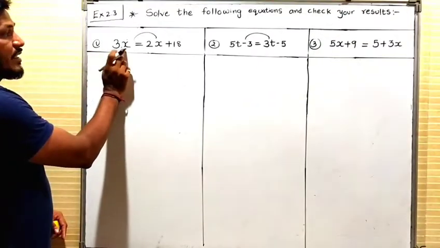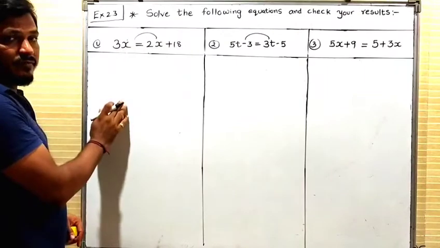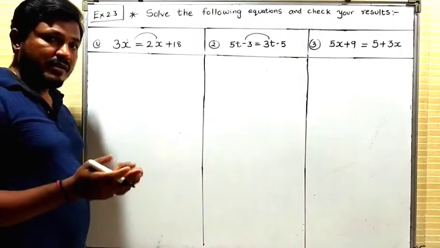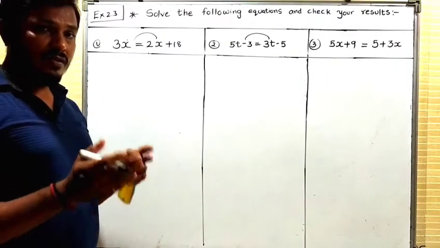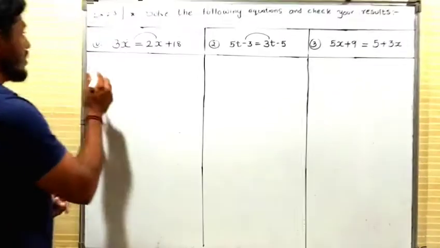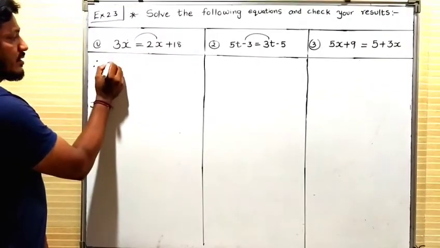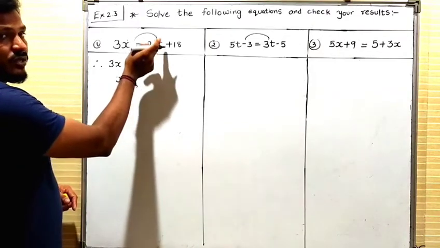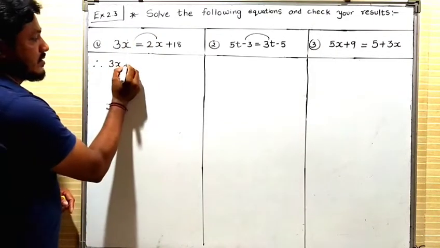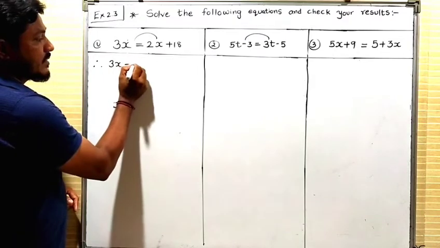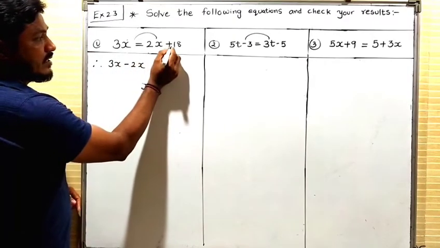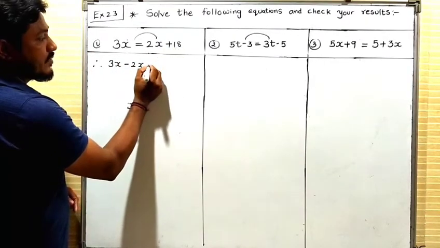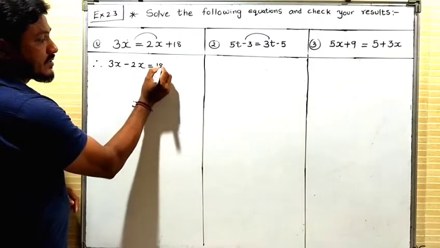First question is 3x equals 2x plus 18. The same rule we will apply, that is transposition of variable. Try to keep 3x as it is and bring 2x toward your left hand side. So positive 2x will become negative 2x, and positive 18 is left on your right hand side, write it down as it is.